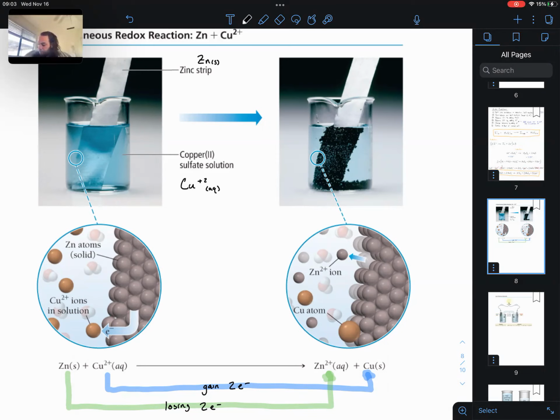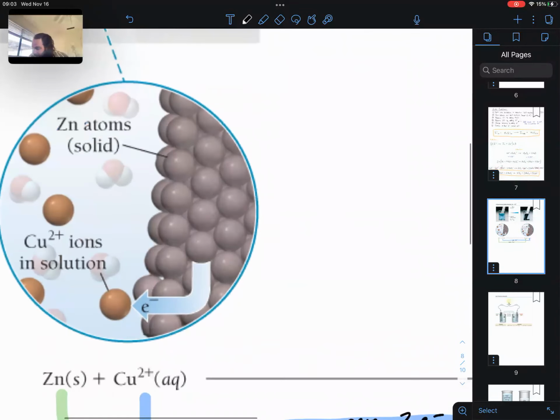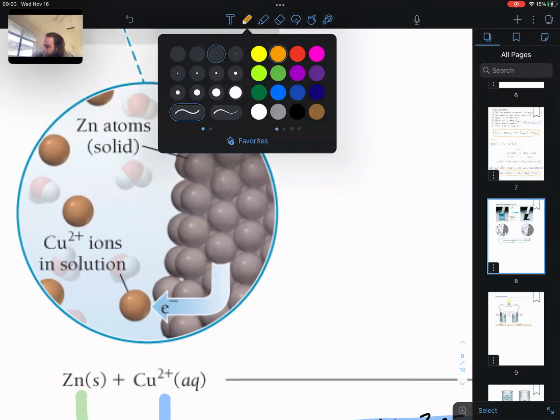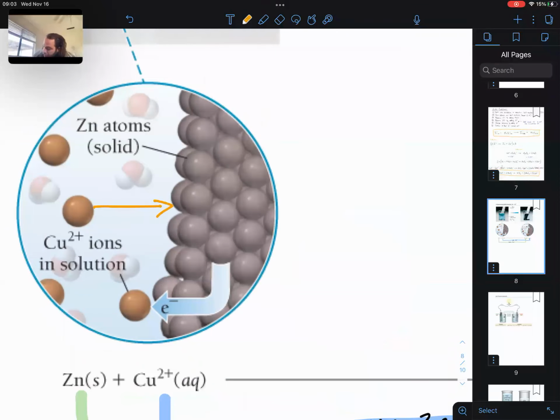So what happens is if we zoom in on the molecular level here, we have this strip of zinc. So there's this highly ordered array of zinc atoms, and you have a copper atom coming and colliding with that zinc atom. And then there's this transfer of electrons that occurs, right? So again, the zinc is giving up its electrons. Those copper ions are accepting those electrons.